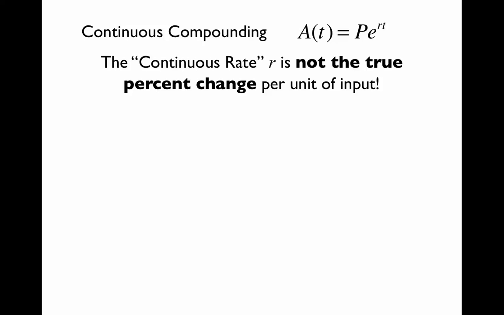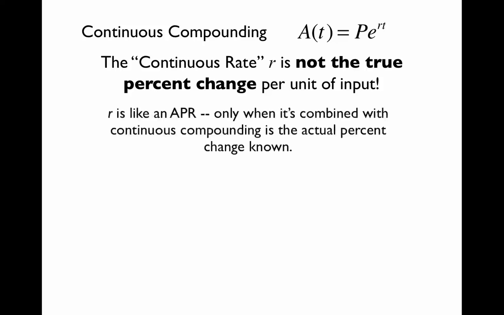So r is called the continuous rate. Is it the true rate of return? No. So we give it this name, the continuous rate. r is like an APR. Only when it's combined with continuous compounding is the actual percent known, and we call that APY.